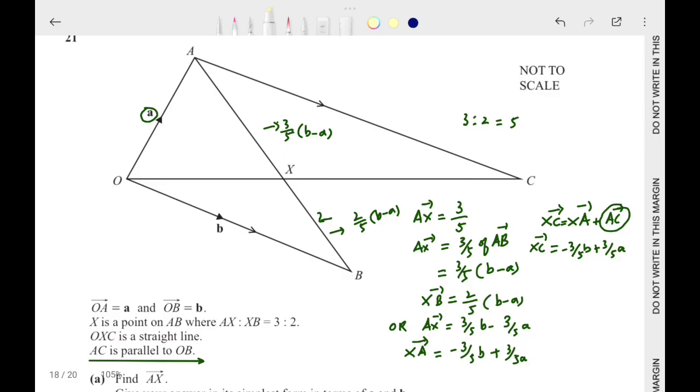If you see ACX, this whole triangle, and this triangle, the bottom one, BOX, they are geometrically similar. So if I write this statement here, that triangle ACX is geometrically similar with triangle BOX.